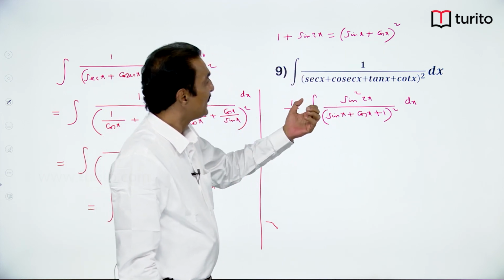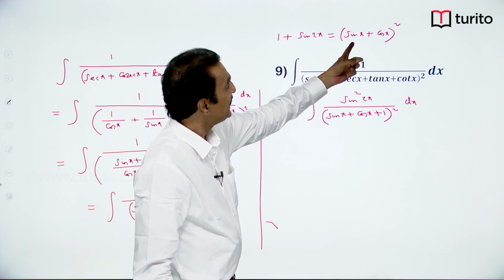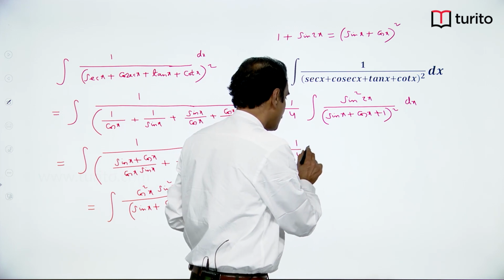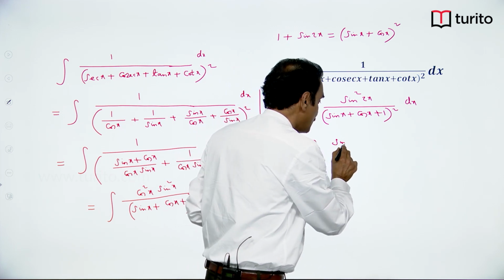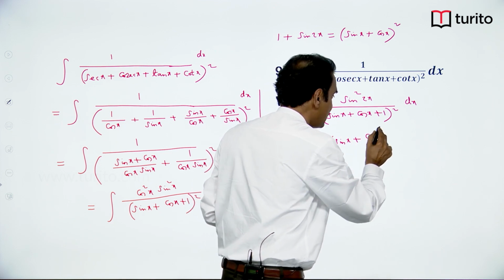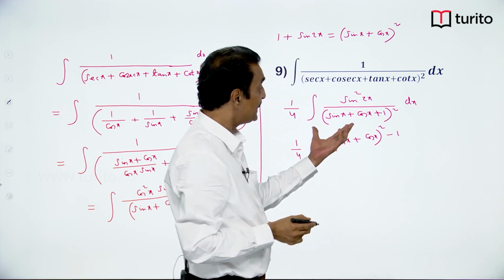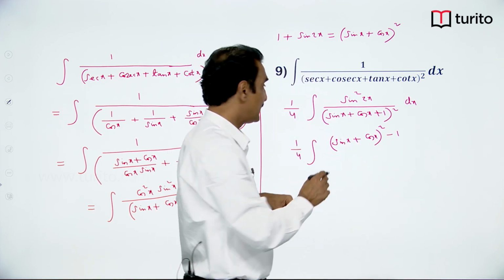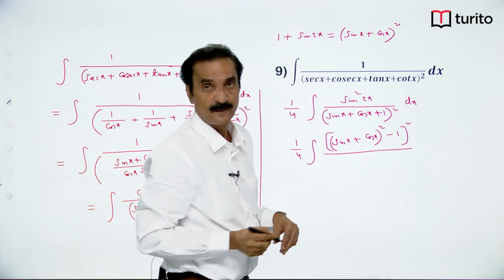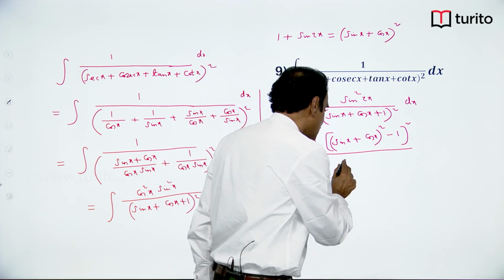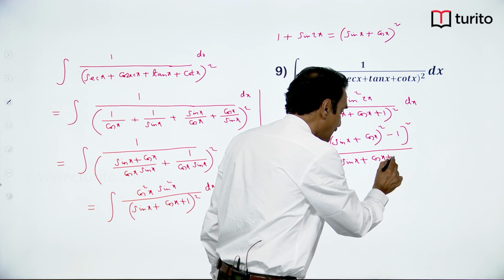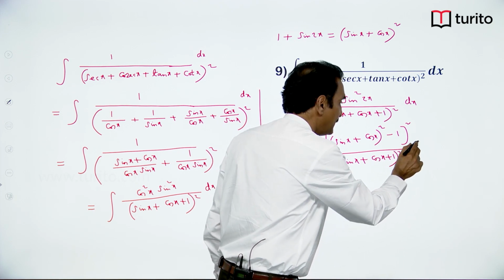So, I will write sin 2x as sin x plus cos x whole square minus 1. Sin x plus cos x whole square minus 1. What is this? Sin 2x, but again square is there, by sin x plus cos x plus 1 whole square dx.